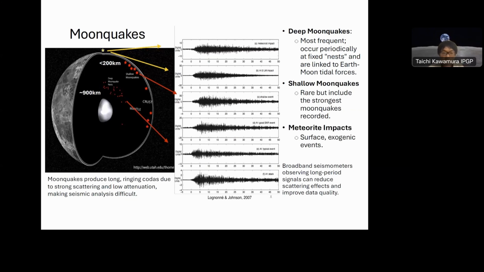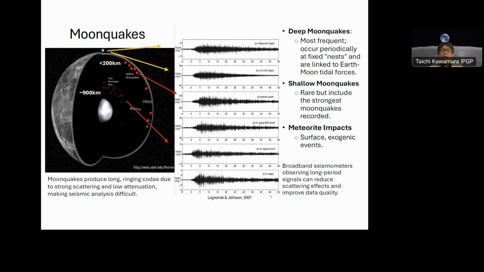Where I want to draw your attention is that when you see the seismic signal, it has a very long ringing characteristic, a long ringing coda, which we do not see on the Earth. This is what makes lunar seismology so complicated, because it masks all the different kinds of seismic signals such as reflected phases or refracted phases.